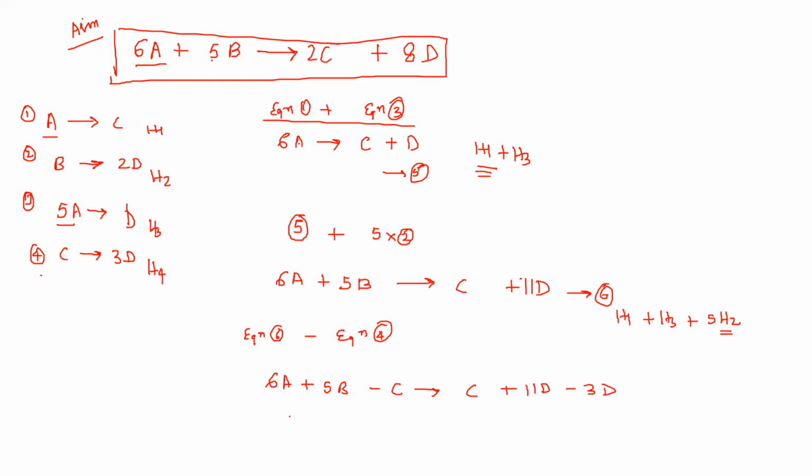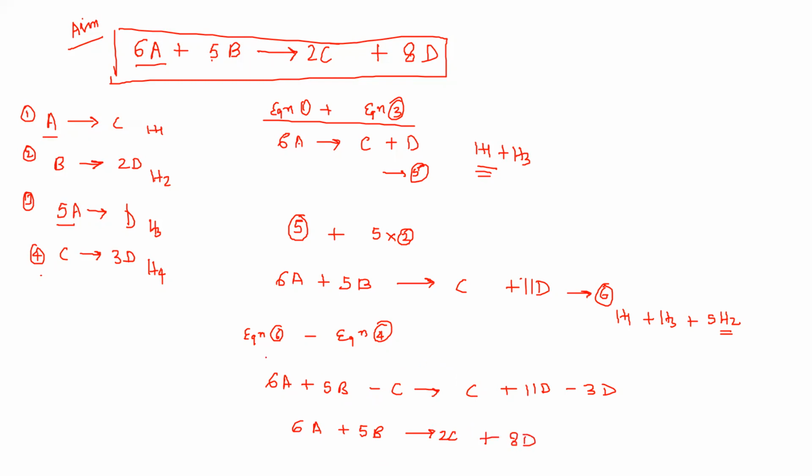And as I told you, equations can be solved the same way you solve a mathematical equation. So we'll just take this C towards the RHS and add it. We'll get 6A plus 5B gives 2C, and 11D minus 3D becomes 8D.